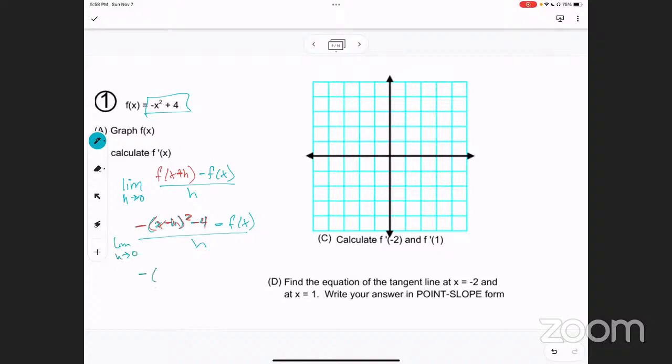So this is going to be negative x squared minus 2xh plus h squared. You follow? Minus 4 minus, oh, let me get rid of f of x. Let me plug in f of x. f of x is negative x squared plus 4.